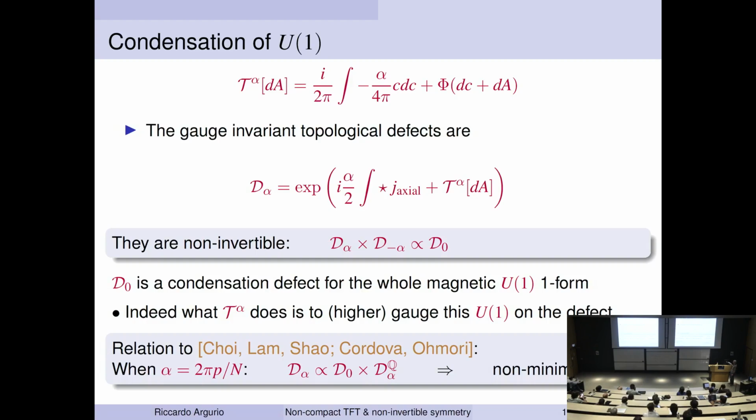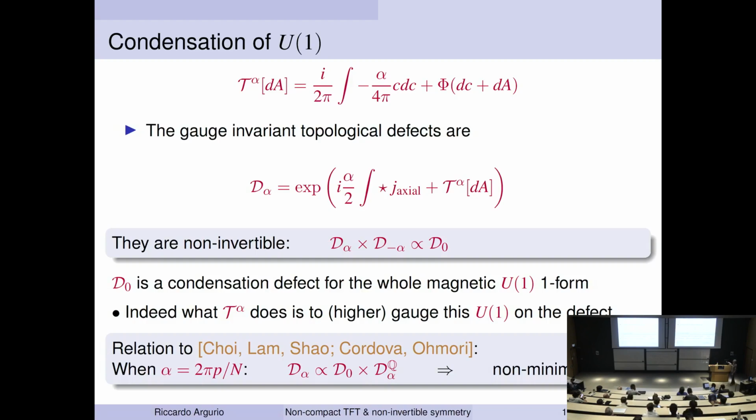The defects we propose are the fusion of the defects proposed in this paper for the rational angles times the condensation defect. So in other words, the defects which are valid for any angle, when reduced to the rational angles, are in some sense non-minimal, in the sense that they are also fused with these condensation defects.